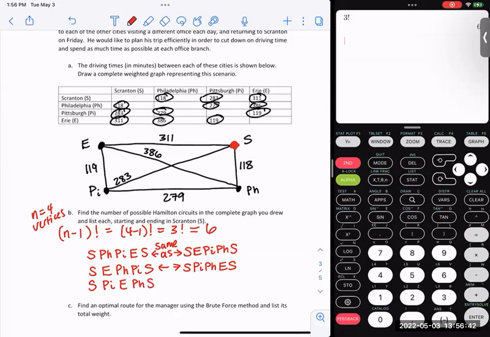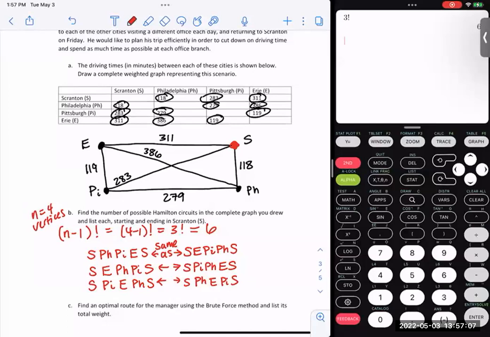I don't believe I've got that one yet. And then that is the same as if I did the reverse order: Scranton, Philly, Erie, Pittsburgh, back. So there's my 6 different Hamilton circuits.